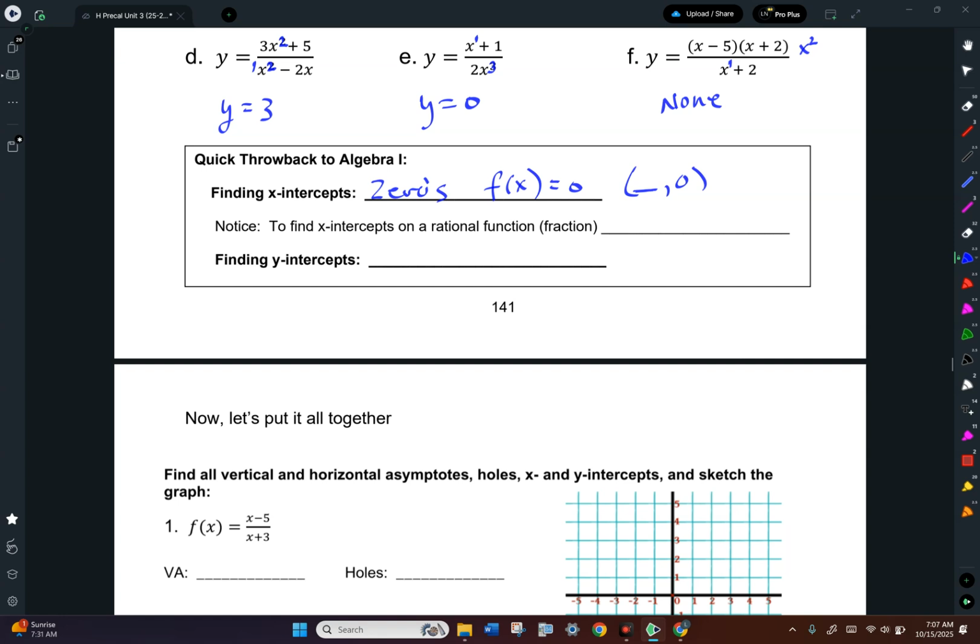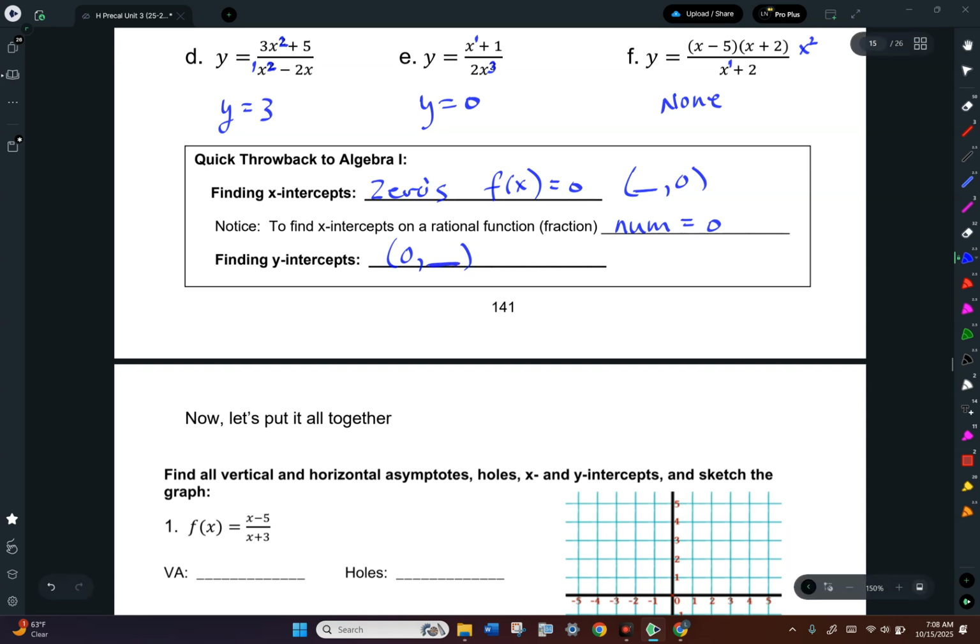All of these things are true. Whenever you have a fraction, the easy way to find x-intercepts is to just look at the numerator and see what makes the numerator equal 0. So that's an easy way to find x-intercepts on rational functions. And then don't forget, for y-intercepts, that is when the x-coordinate is 0, and then you're finding the y.